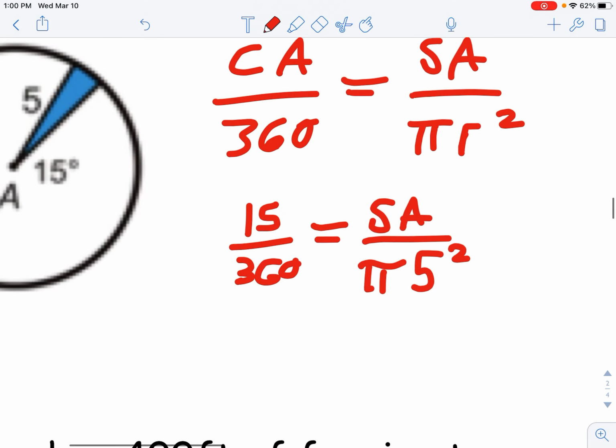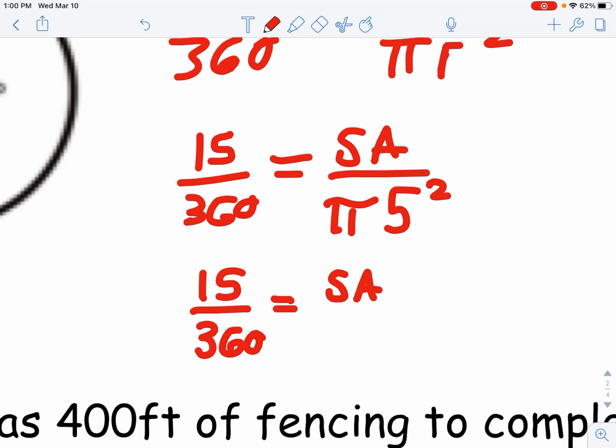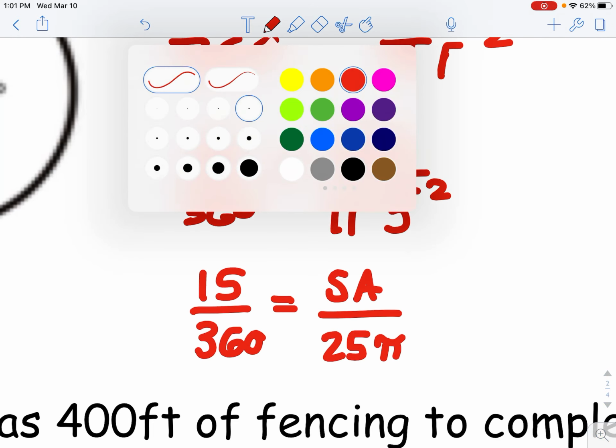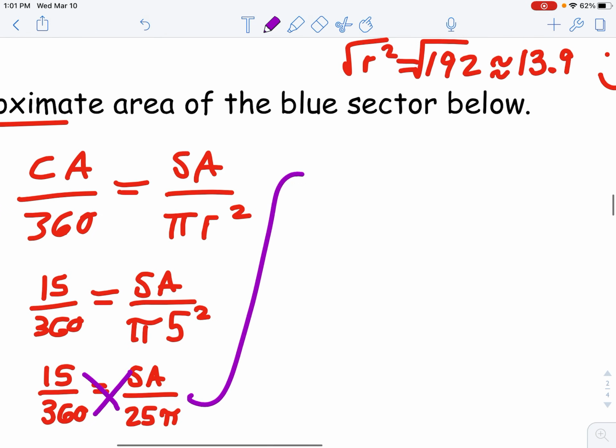All right, so one way to do it, if it's approximate, let's just talk about how to be careful when we're solving for approximate area. Some simplification took place. Now I'm going to cross multiply, but let's keep all our work incredibly organized.